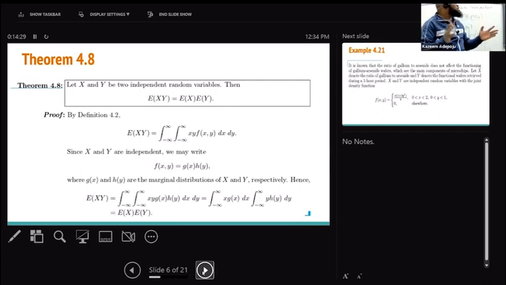We have two integrals: in one integral I'm going to have X, in another I'm going to have Y. In that situation, f of XY can be broken into f of X and f of Y, so that f of X goes with X and f of Y goes with Y. The first one is going to be the expected value of X, the second the expected value of Y. This is a derivation to show that the expectation of a product is equal to the product of the unconditional means.